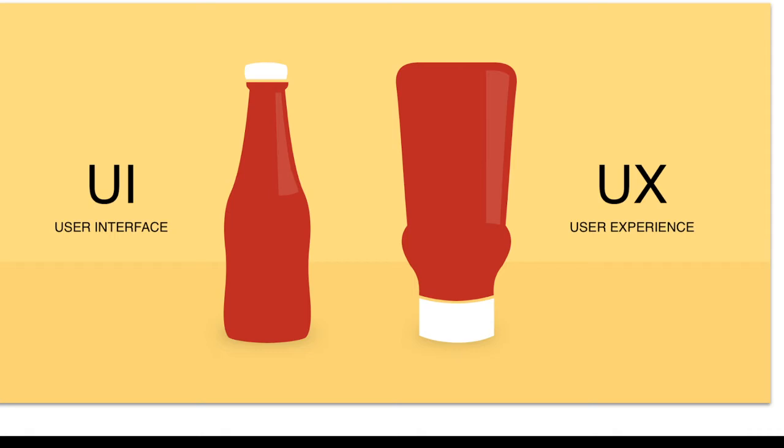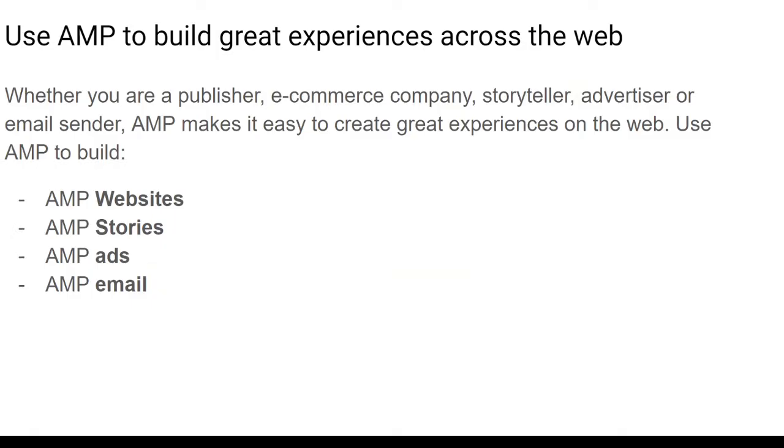Is it what a user wants? That's where you think that whatever development you're doing, it should be user centric. Whatever thinking you're doing, it should be user centric. So this is the simple difference between UI and UX. The image says about the ketchup bottle. UX makes a lot of difference there. Okay, so I'll just skip this part.